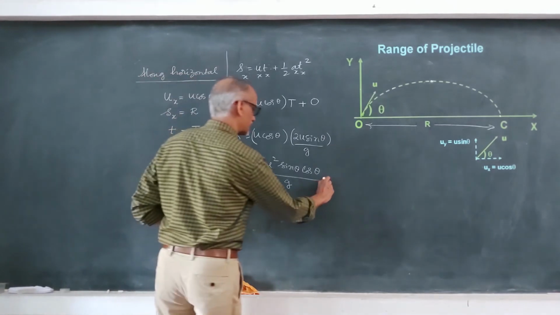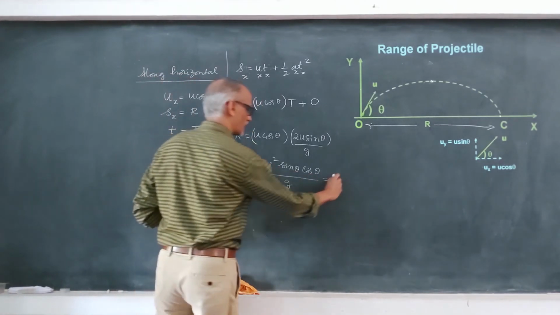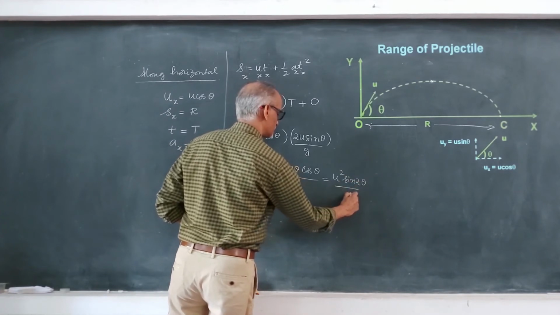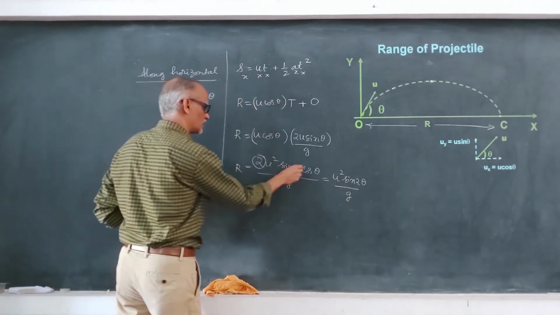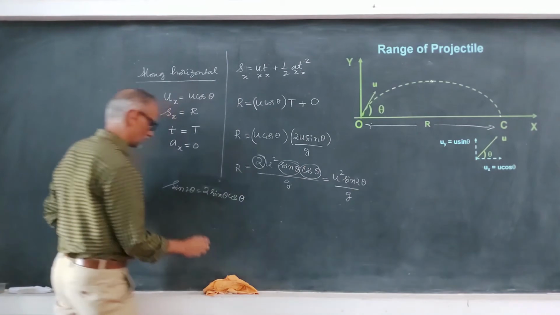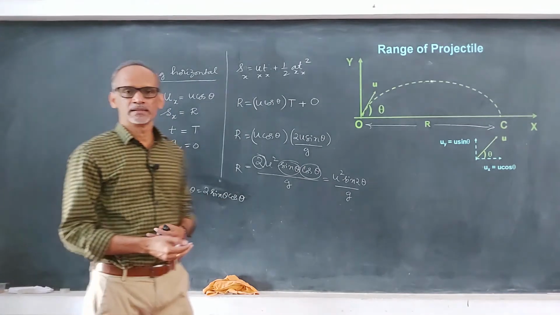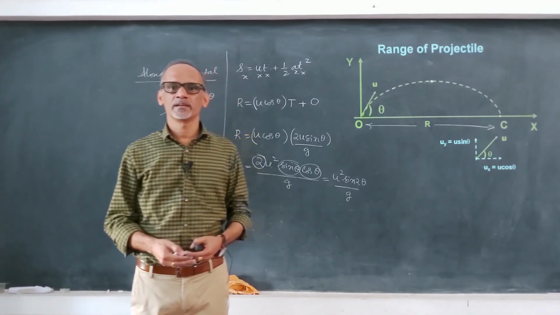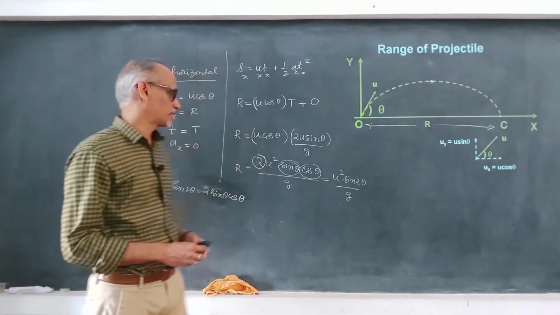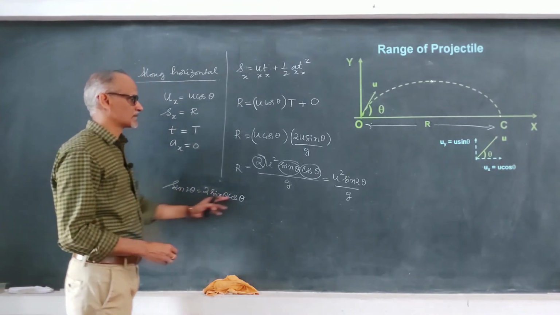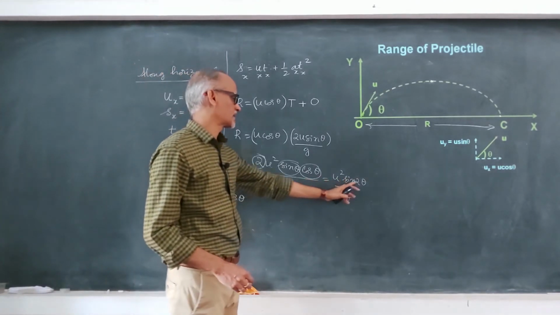So that's why you can even write it like this, that's equal to u square sin 2 theta by g, because 2 sin theta cos theta is nothing but sin 2 theta. You will be learning the explanation of this in mathematics, but for now you remember the formula here, sin 2 theta is equal to 2 sin theta cos theta. So that's why you can even write u square sin 2 theta by g.